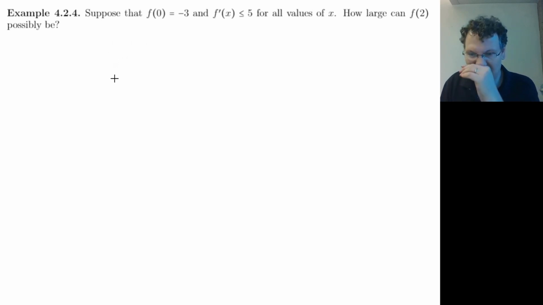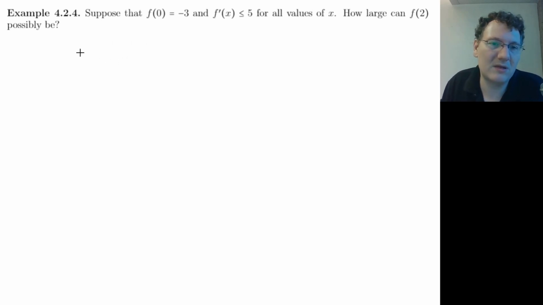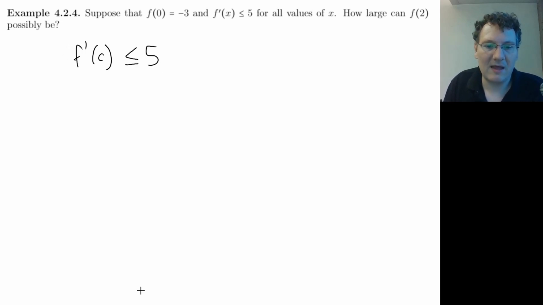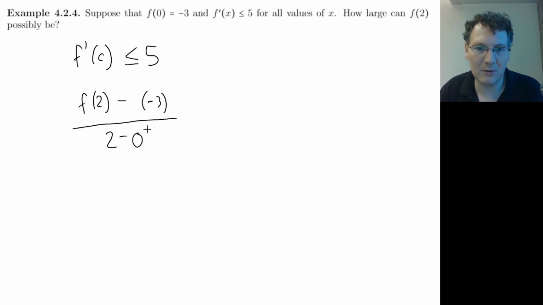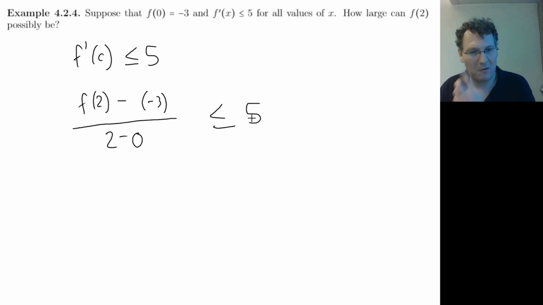Well, by the mean value theorem, the derivative at any point c is less than or equal to 5, and so the average rate of change between 0 and 2, which would be f of 2 minus negative 3 over 2 minus 0, has to be less than or equal to 5.